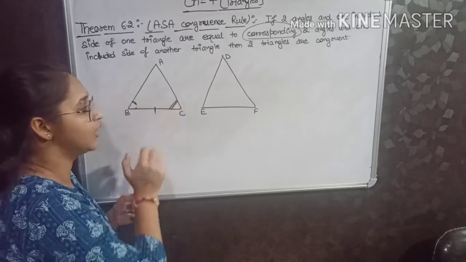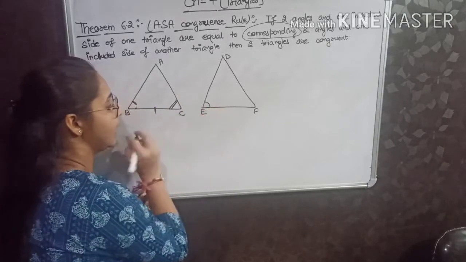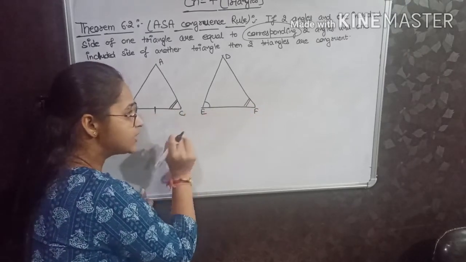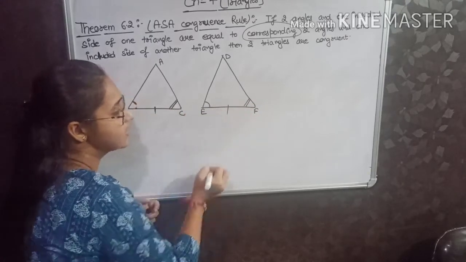Similarly, corresponding to B, I have E, and corresponding to C, I have F, and the included side between these two angles is EF.